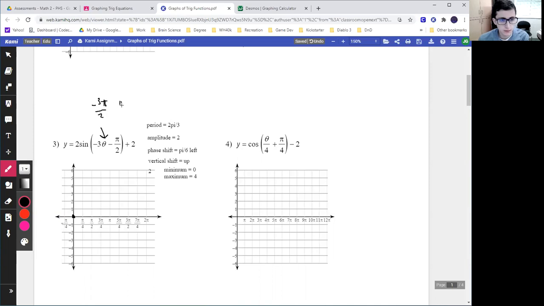That's going to give us -4 pi over 2, which is -2 pi. And sine of -2 pi is going to be 0, so this will be 0. Times 2 is still 0, plus 2 is 2. So when I put in pi over 2, I get 2.